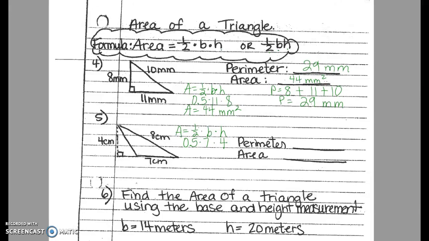So now I'm going to use my calculator and multiply 0.5 times 7 times 4, equals 14. You should have A equals 14 centimeters squared. Put that on the line.